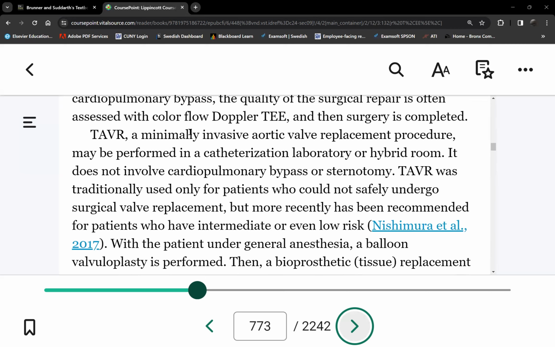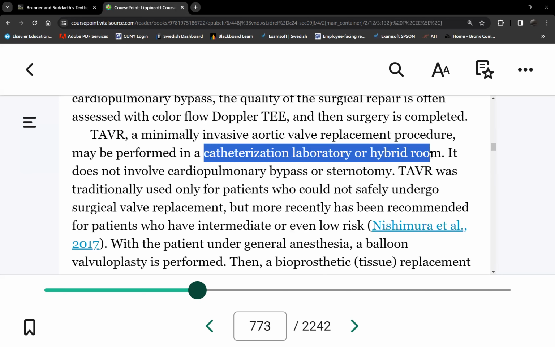Today, so after 2005, they started using TAVR. TAVR is a robotic procedure. This is done in the cath lab, catheterization lab. So we are doing the valve replacement through an artery, through a peripheral artery. Either radial or femoral artery is the access.